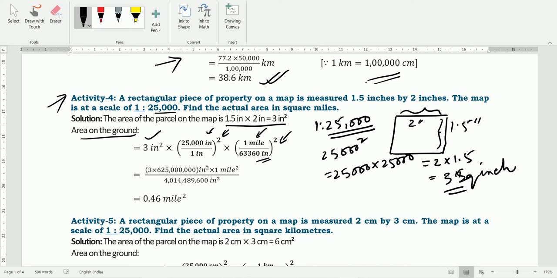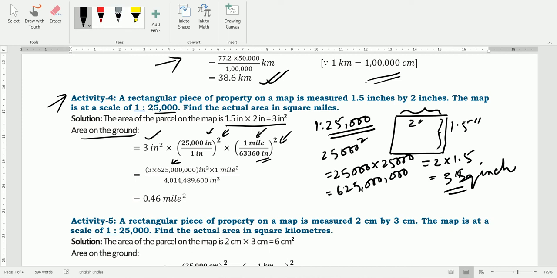So after finding the square, 25,000 into 25,000 is 625,000,000, that is 625 million.